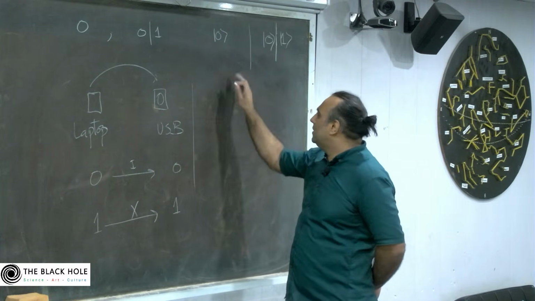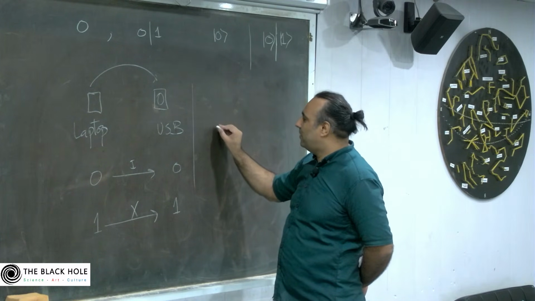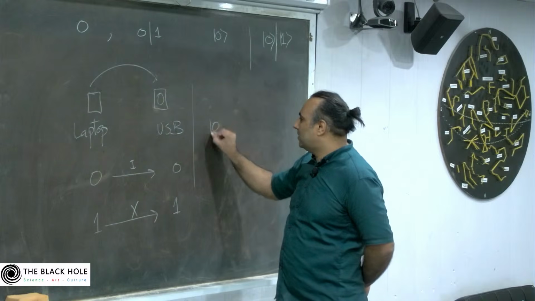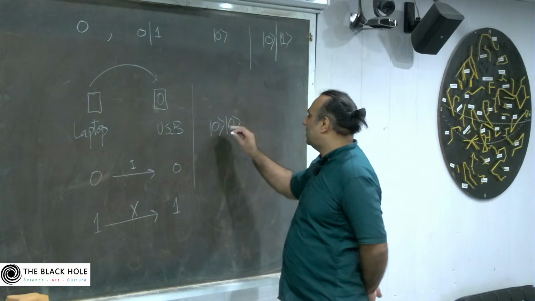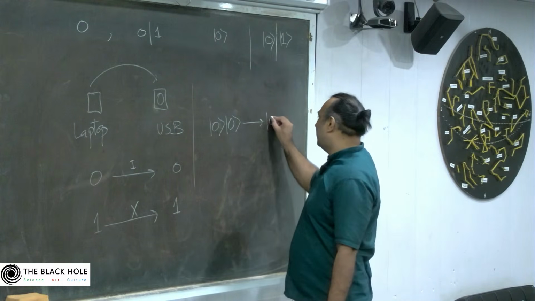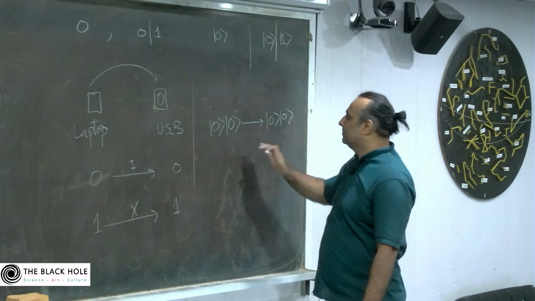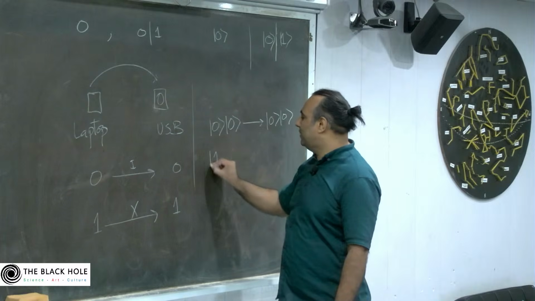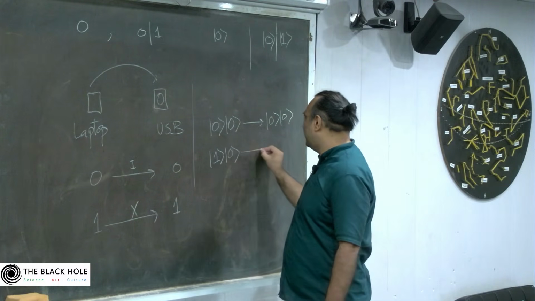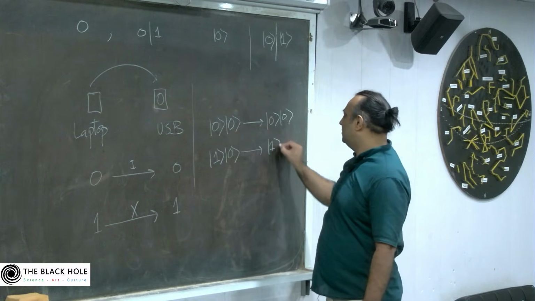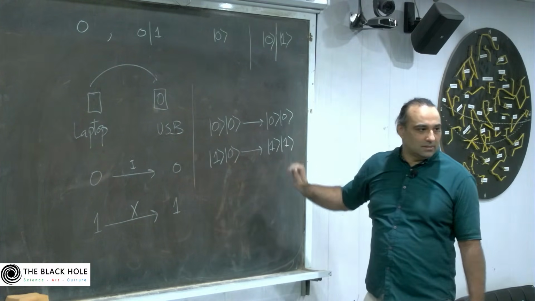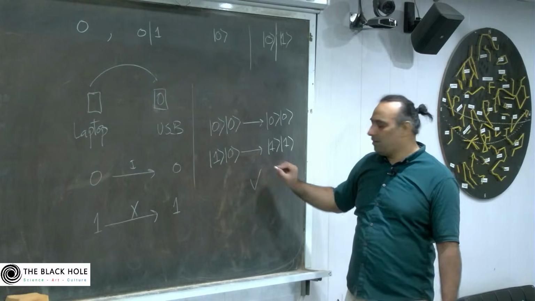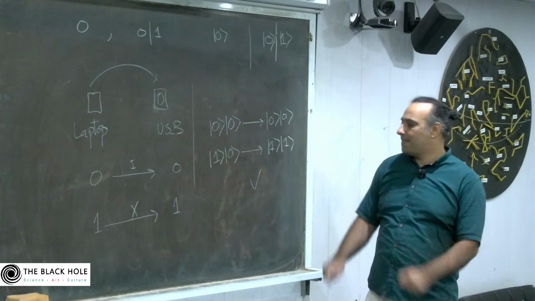So if we have a state 0, we want to keep it that way, and if it's 1, the same protocol can give us this. There is no problem, so we can basically copy this kind of state.